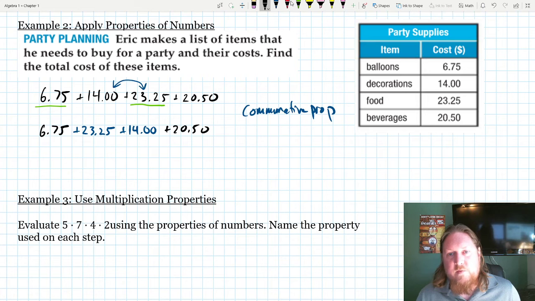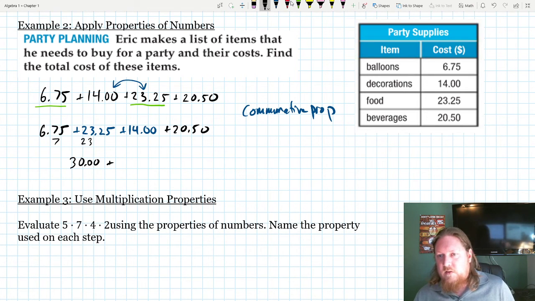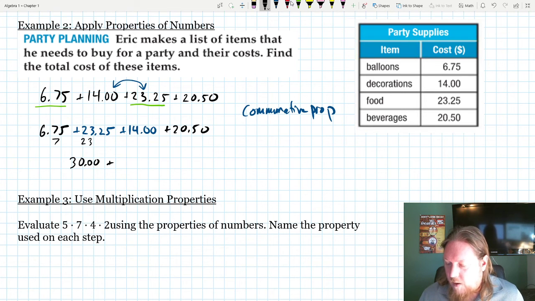75 cents plus 25 cents is a full dollar. So this really becomes $7, and this becomes $23. Well, 7 plus 23, that's $30 even. Plus, well, I could add the $14 and the $20.50 together. 14 plus 20 is 34.